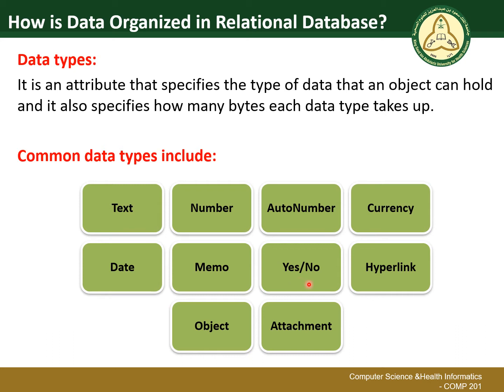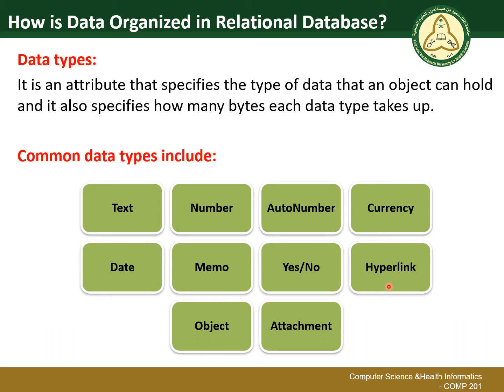Yes or no will take yes and no values, in fields that contain only one of two values, such as yes or no, true or false, on or off. Hyperlink is text or combinations of text and numbers stored as text and used as a hyperlink address.